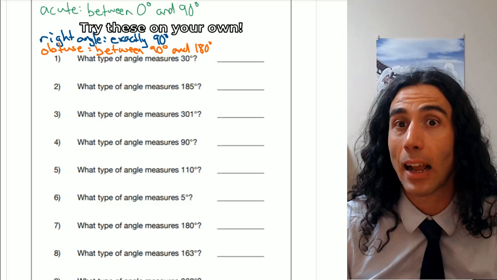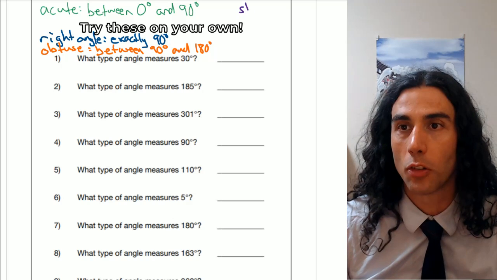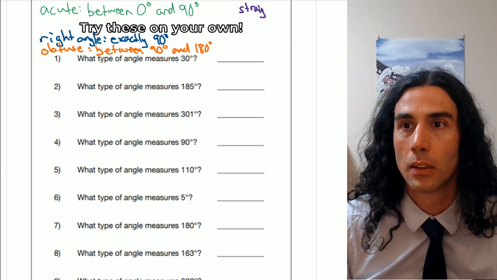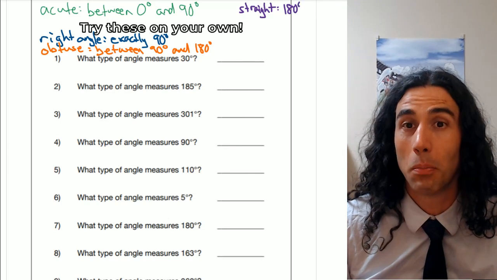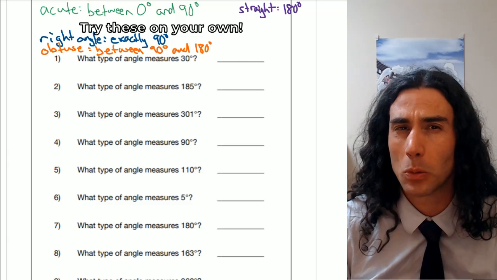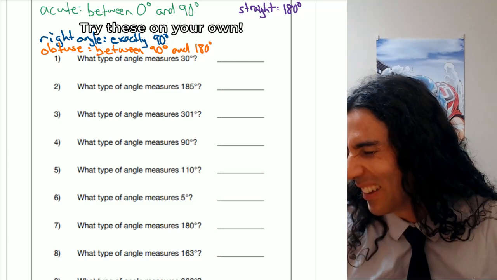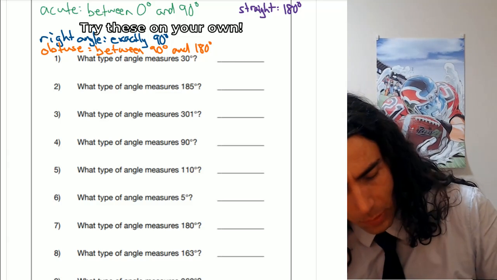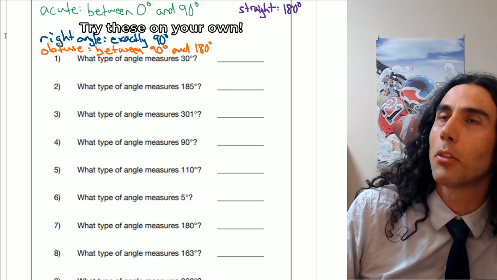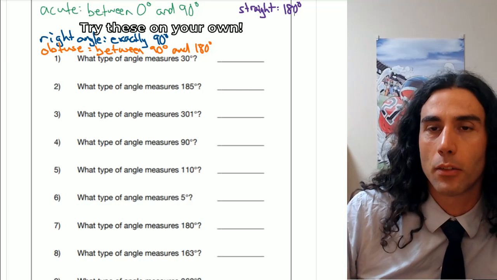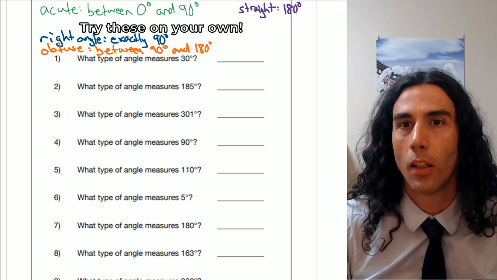If it's exactly 180, it's a straight angle. And the last one, what color did I use for it? It was the reflex ones. I'm going to have to scroll up. Pink, got it. That was the reflex.